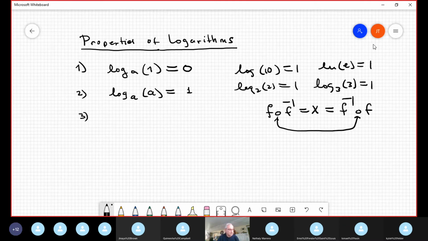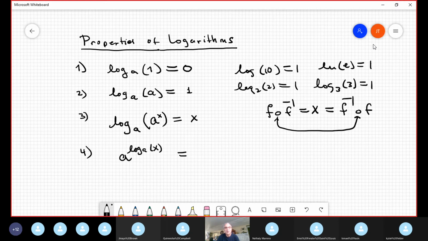Suppose logarithm of base a, inside you put exponential a to the x, is equal to x. Guys, logarithmic and exponential undo each other. The answer is identity. Number 4, in the opposite direction, suppose the exponential first and logarithm second. Same situation, they undo each other.